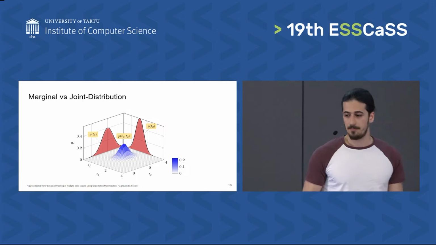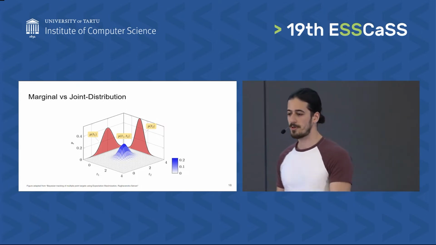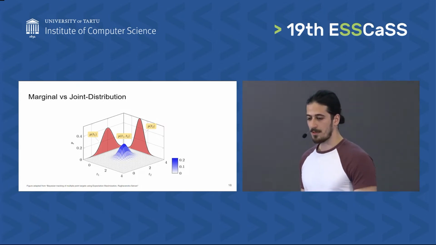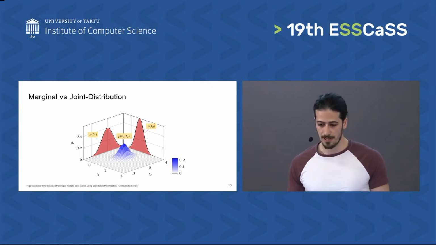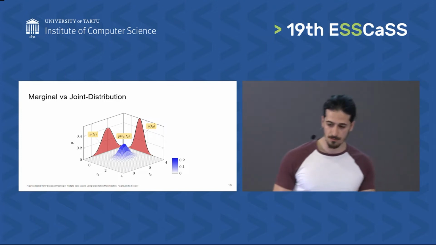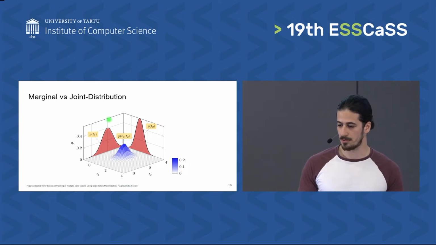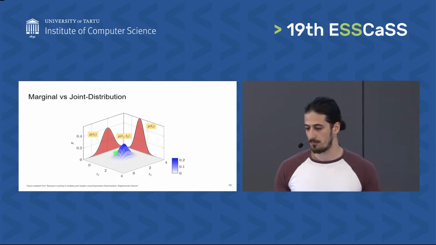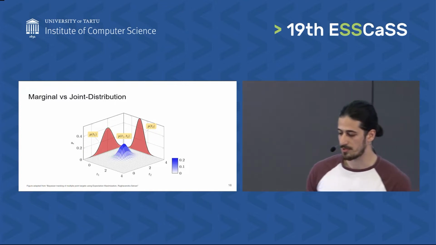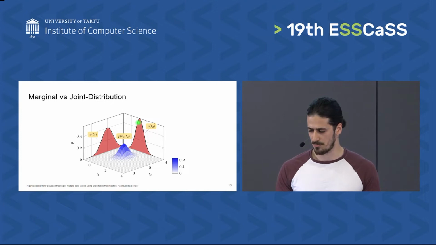So a smaller, more understandable example. Here we have two variables, T1 and T2. We can see the marginal prediction for time step 2 and time step 1.